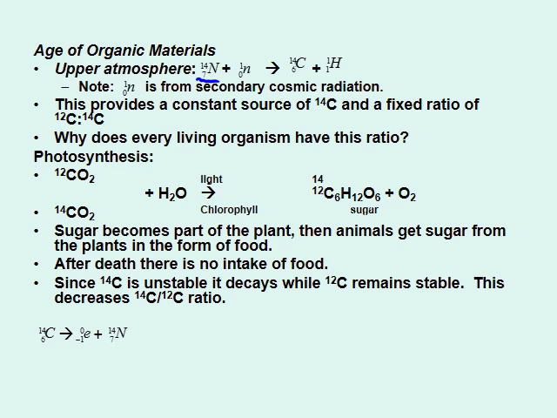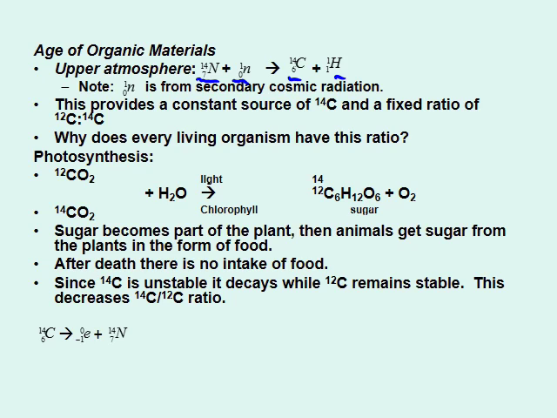Whenever there is a neutron, the question is, how do you get neutrons in the upper atmosphere? From secondary cosmic radiation. Cosmic radiation comes from outer space, and these energetic radiations strike different atmospheric molecules and knock off neutrons, and that neutron can react with nitrogen of the atmosphere, and that changes nitrogen to carbon-14 and hydrogen. So this is how carbon-14 is formed in the upper atmosphere.